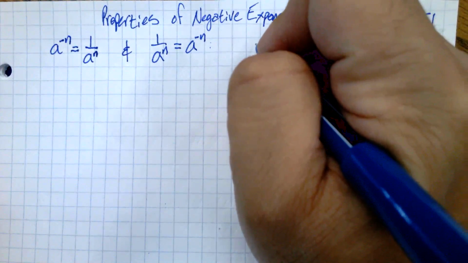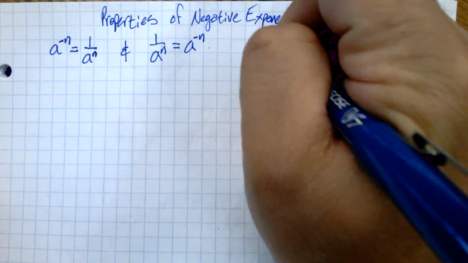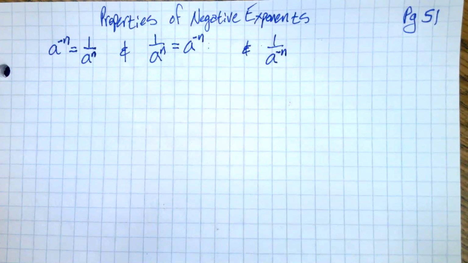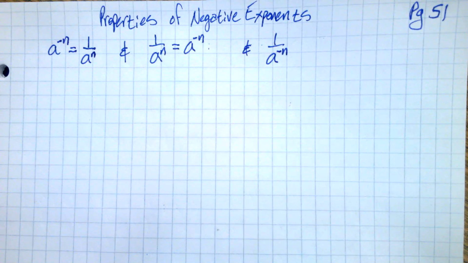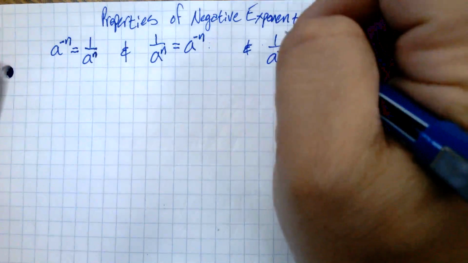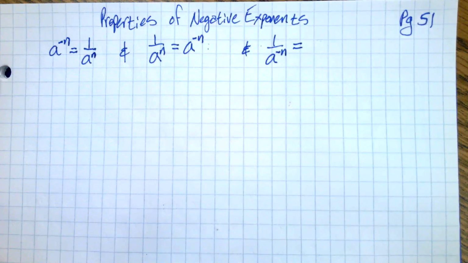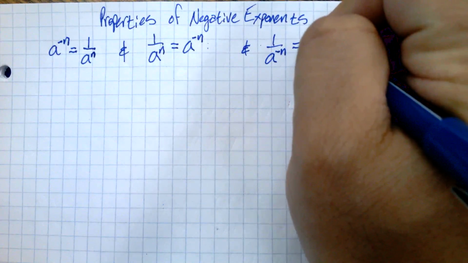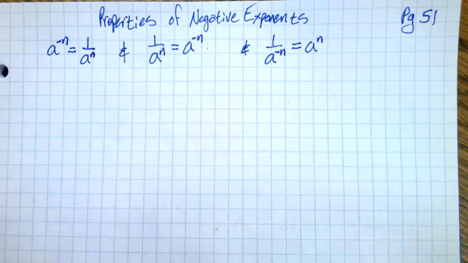And finally, 1 over a to the negative n, meaning the negative exponent is in the denominator. We reciprocate it, so how would it be without that negative exponent? A to the n. So these are the three basic properties.